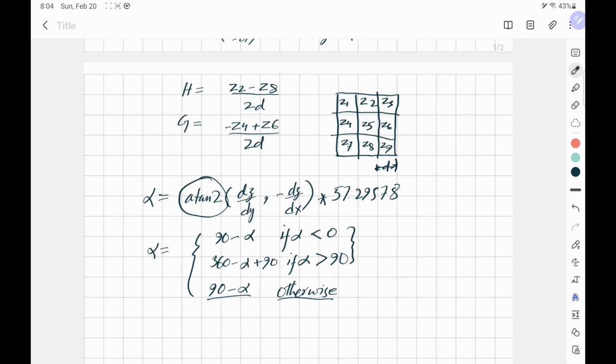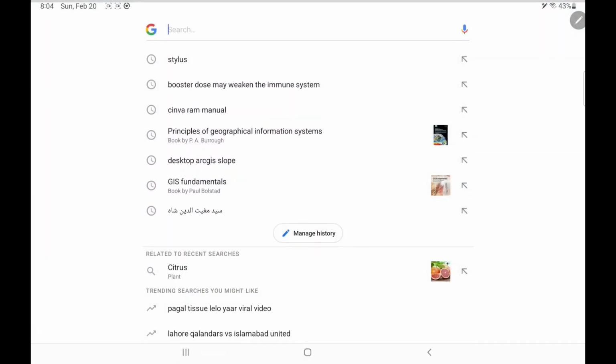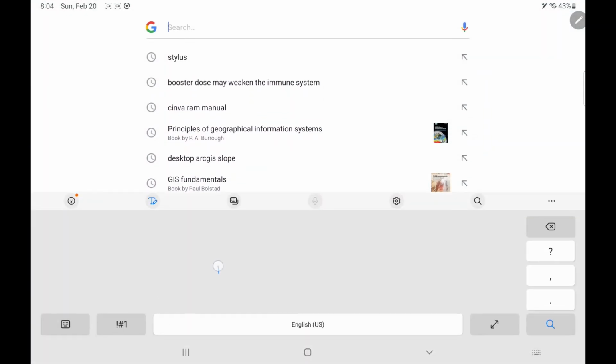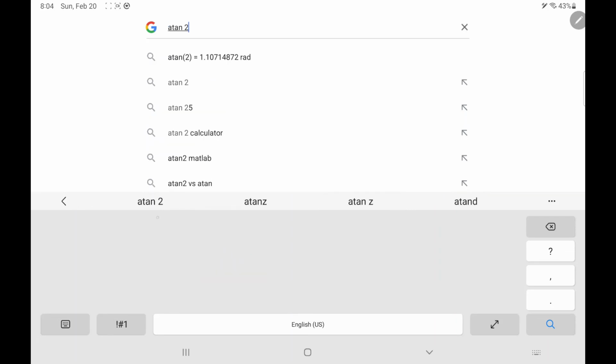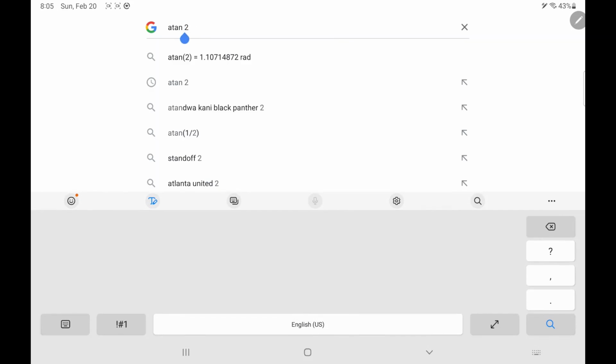So what is atan2? For that, let's open Google and search for atan2, and there is no space.